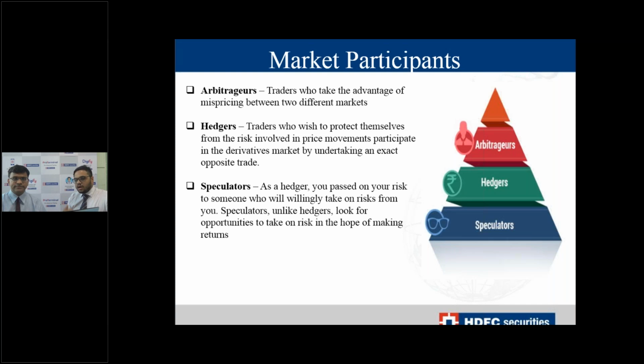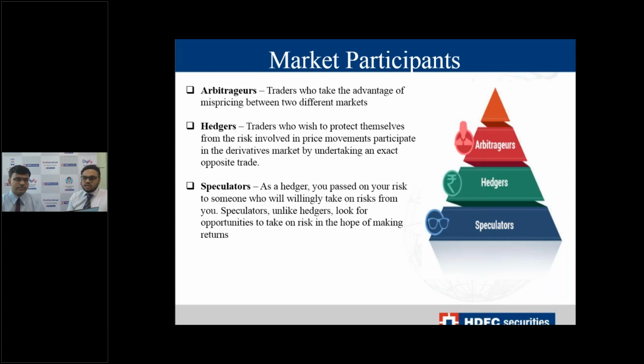They can buy the cash and sell the future. But before doing this, they should understand the difference. The cost involved should be less. Suppose they are hedging, there are other costs involved. So there should be a break even and they should earn something. There is high frequency trading going on to use this arbitrage opportunity.